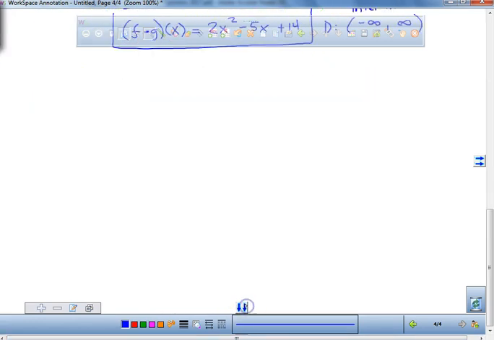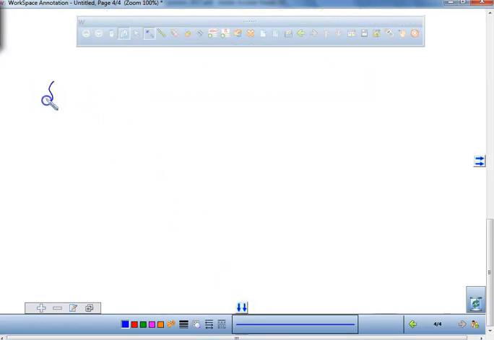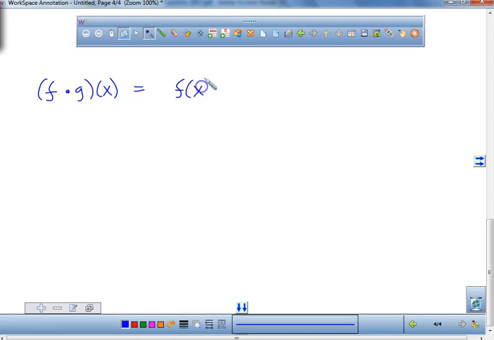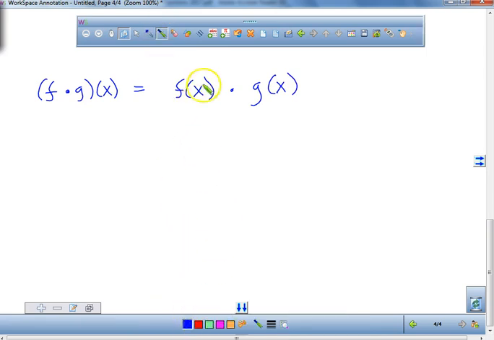Okay, moving down here, we're going to write f times g of x, which means you're taking f of x and multiplying g of x together.